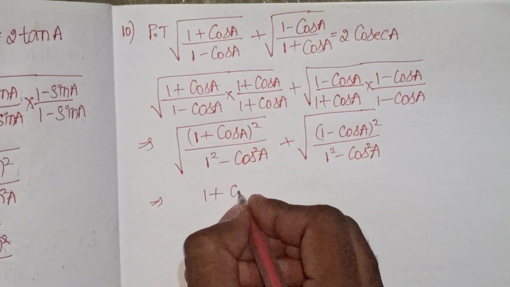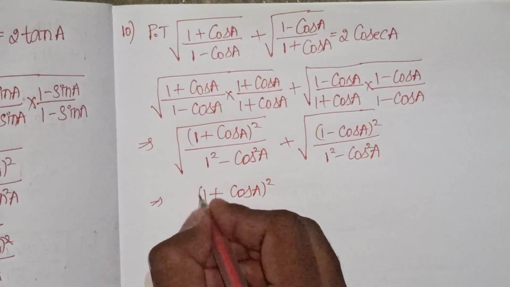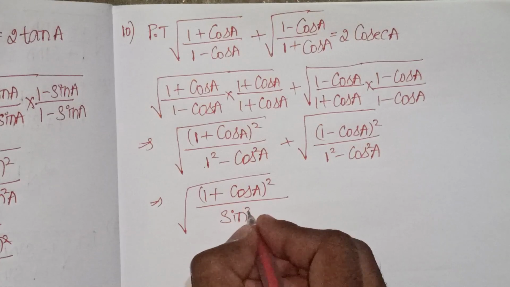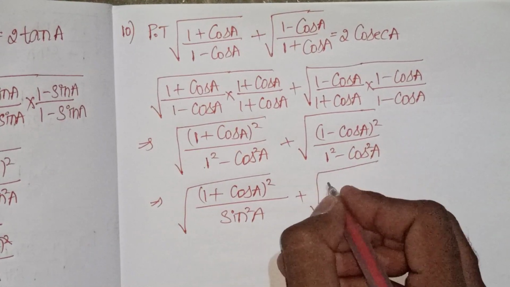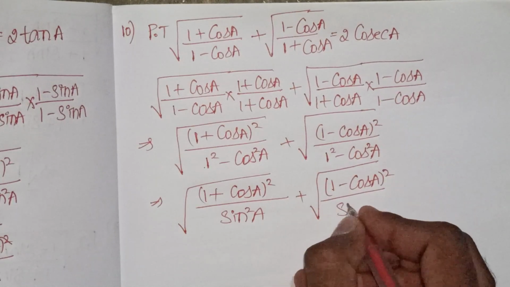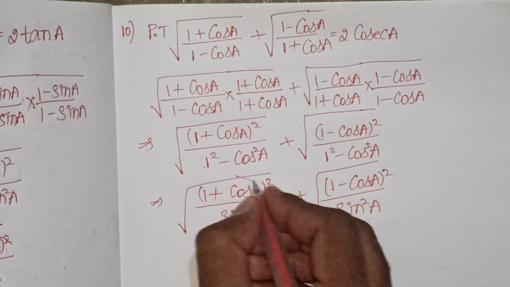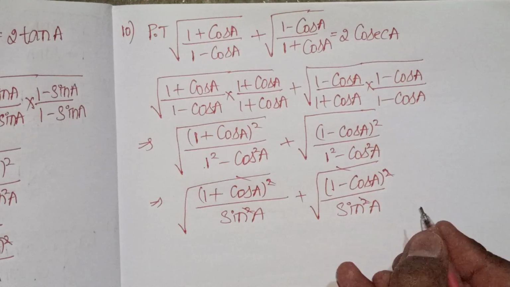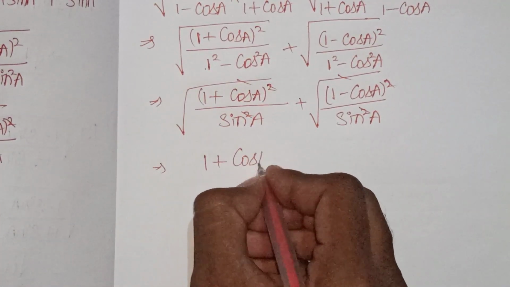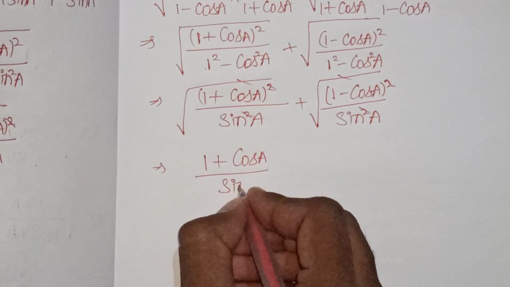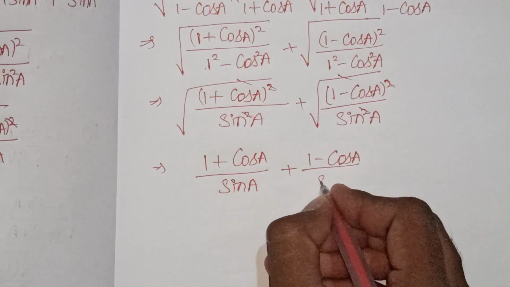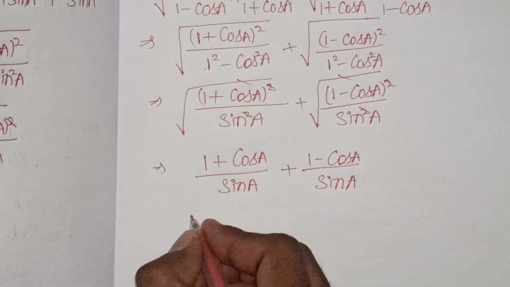Therefore, 1 plus cos A whole square divided by 1 square minus cos square A can be written as sin square A, plus under root 1 minus cos A whole square by sin square A. Now let's cancel square and square root. Therefore, 1 plus cos A by sin A plus 1 minus cos A by sin A. Now let us take LCM.